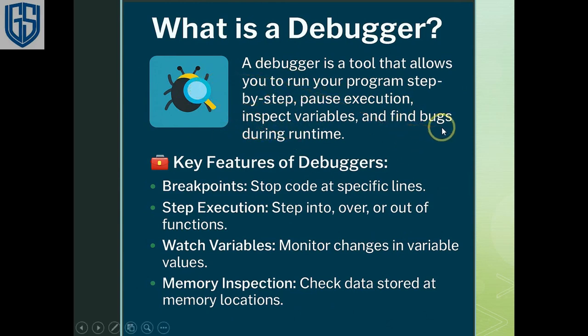Key features of debuggers: setting breakpoints, to stop code at specific lines; step execution, where we can step into, over or out of functions; watch variables, to monitor the changes in variable values; and memory inspection, to check data stored at memory locations. So I will explain you that.